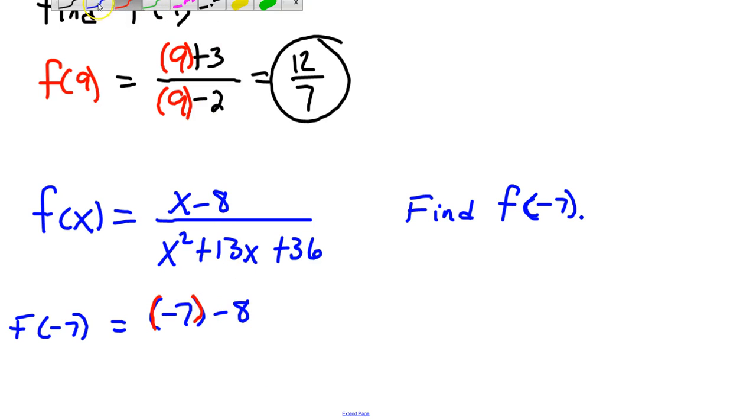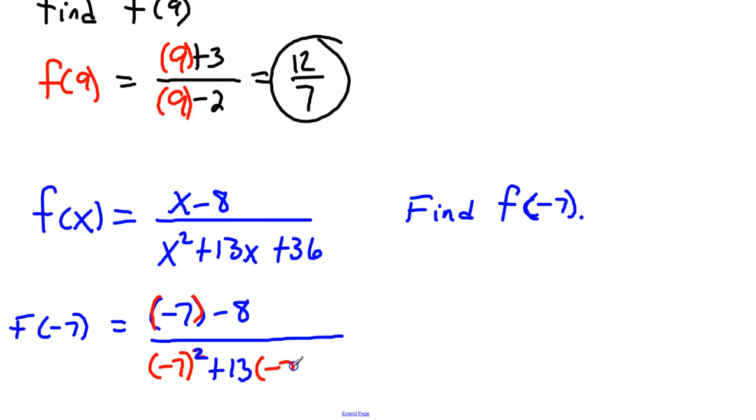Minus 8. That's over negative 7 squared. Plus 13 times negative 7, and then plus 36.